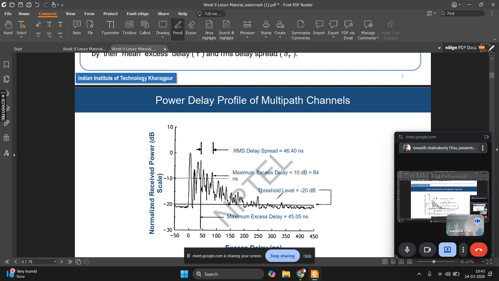If you define that threshold to be 10 dB, then you can see the maximum excess delay. Basically, it is when the profile last crosses 10 dB.